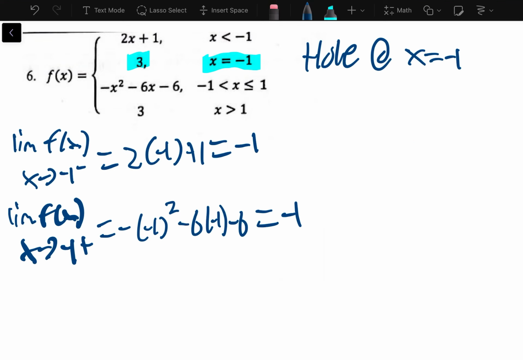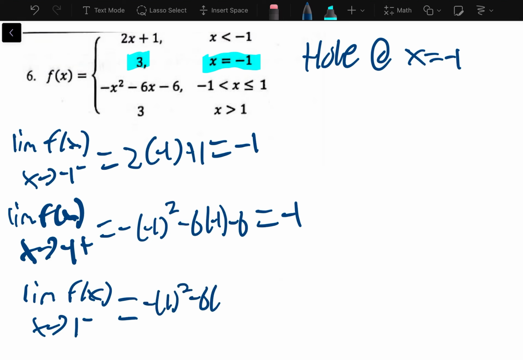But then we also have to solve for 1. So we do the same process again. The limit of f of x as x approaches 1 negatively is equal to negative 1 squared minus 6, which is going to give us negative 11.